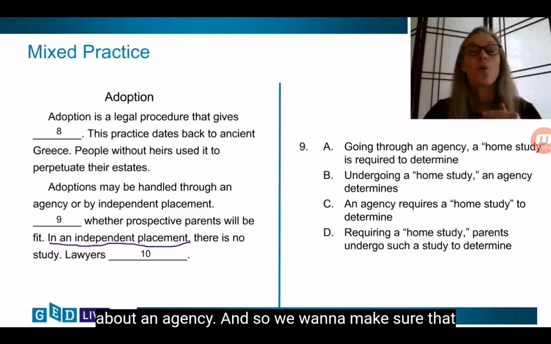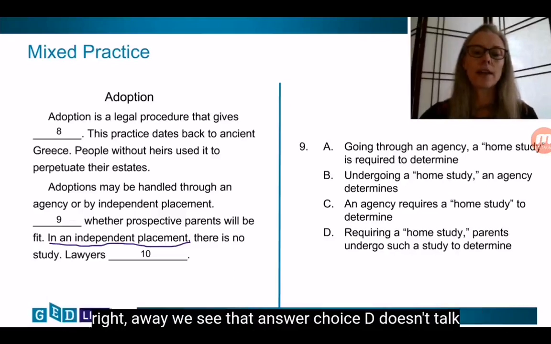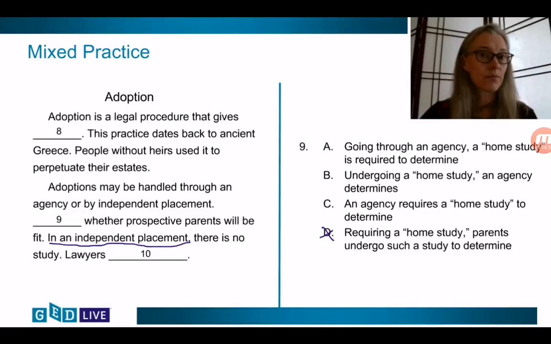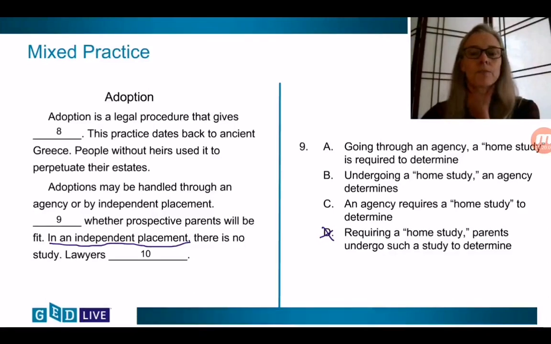And so we want to make sure that that agency is actually mentioned in the answer choice. And right away, we see that answer choice D doesn't talk about the agency. So it can't be right. Okay? So let's go ahead and look at the remainder of these choices.